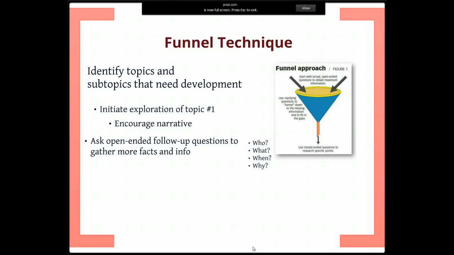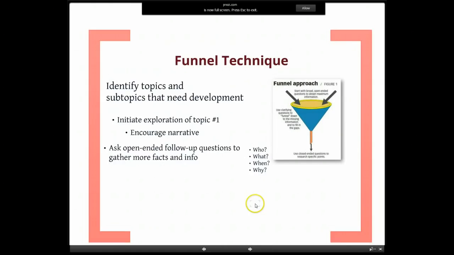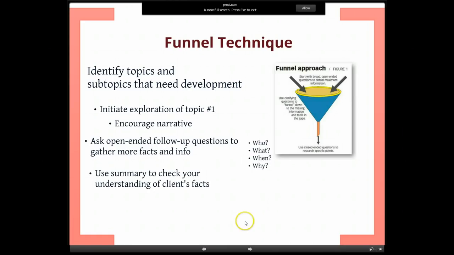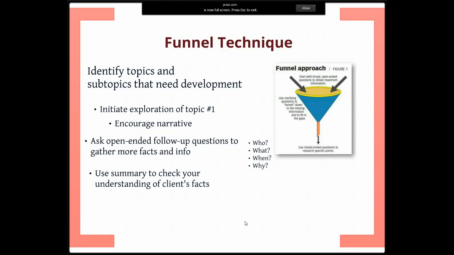But again, note that none of these questions are, did you do this? Or can you answer, was this the situation, yes or no? You're really asking these large, open-ended questions, who, what, when, and why, to still give the client more freedom to tell you what's happened. After you feel like you've got a good understanding of that, at that time you can use summary to check your understanding of the client's facts.